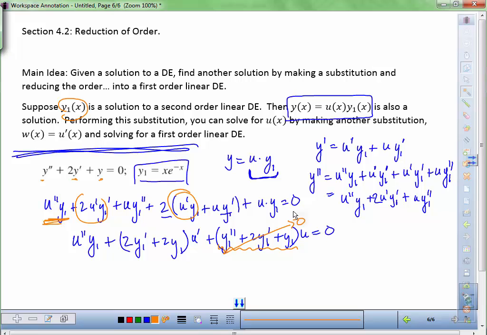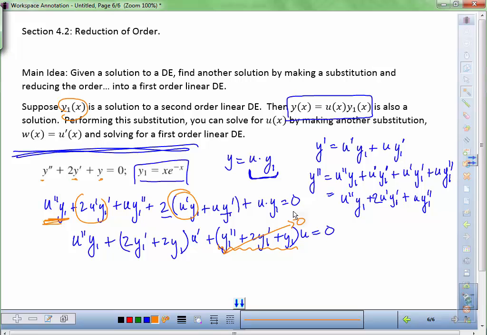So this whole term goes to 0, and we actually lose this u, which is good, and that allows us to make the substitution that w is equal to u prime. Does that make sense? That's how you reduce it by order.